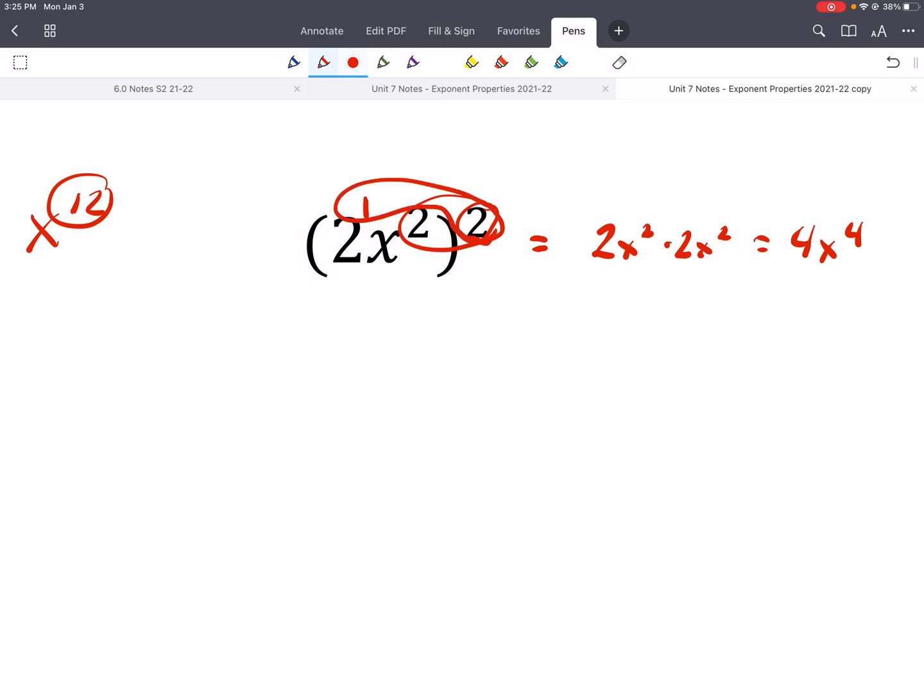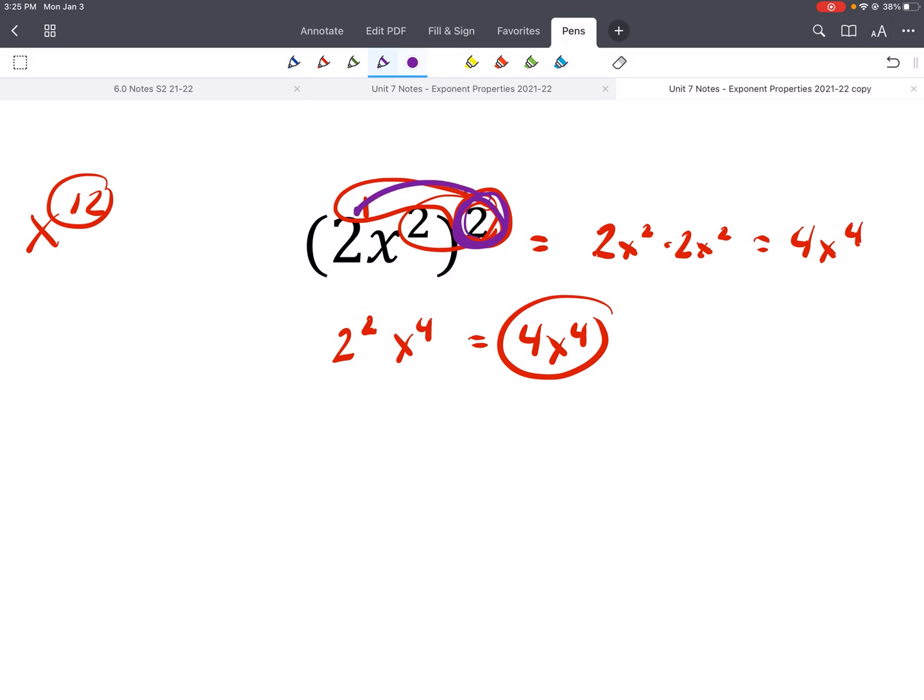So that would give us 2 squared and x to the 4th. So that ends up giving us that 4x to the 4th. Okay? So we're squaring everything that's inside. We're squaring the 2, we're squaring the x squared, okay?